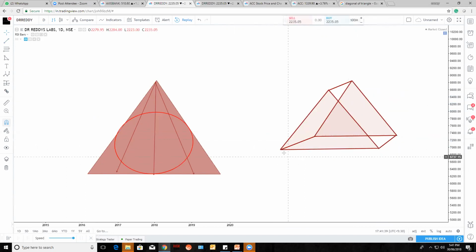It might be a 2D structure, I'm trying to do, this might be a 3D.